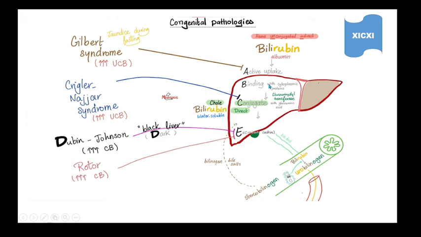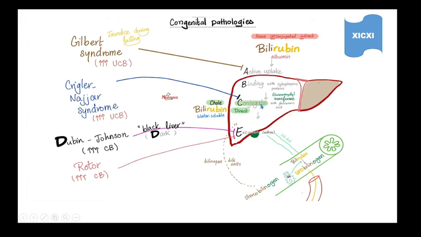So what remains is that the unconjugated bilirubin entering our liver is going to be acted on by the enzyme called glucuronyl transferase. This enzyme takes unconjugated bilirubin and adds glucuronic acid for conjugation.